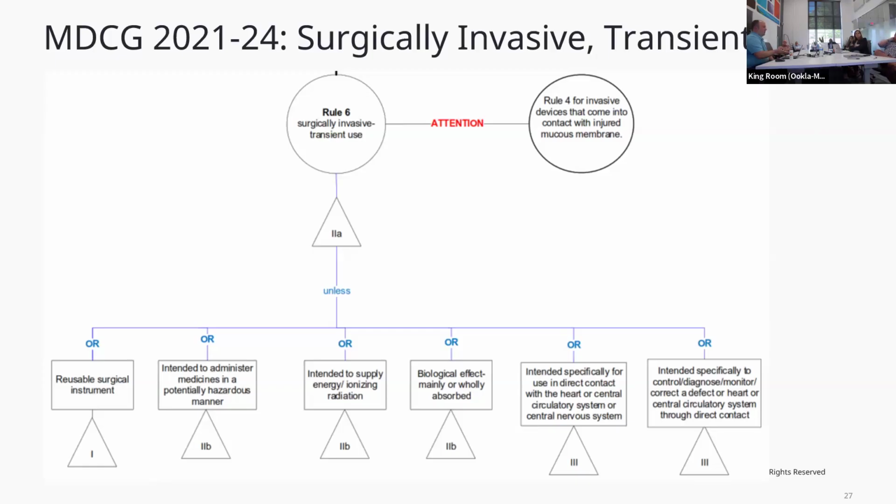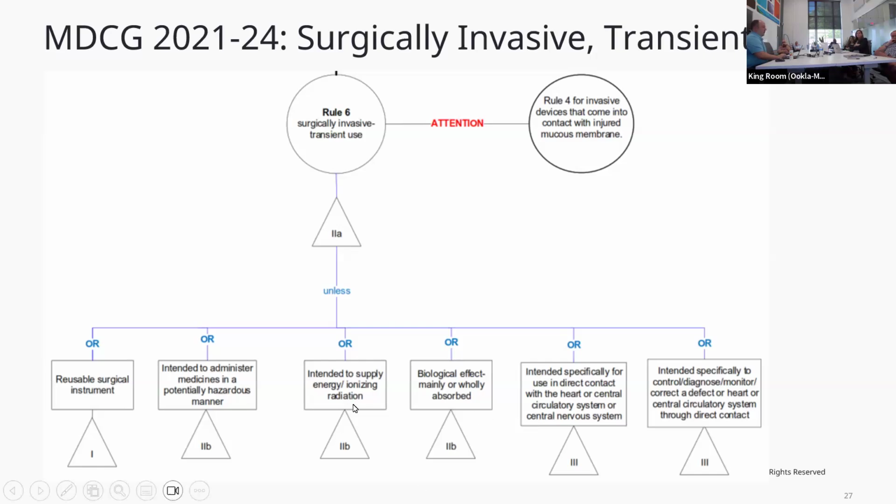And when we say in a potentially hazardous manner, that's usually something like a syringe pump where, if it fails, you can kill the patient, which is a pretty bad outcome. So we want to look at those a little more stringently. If it's just a syringe that the doctor is using, we wouldn't say that's in a hazardous manner.